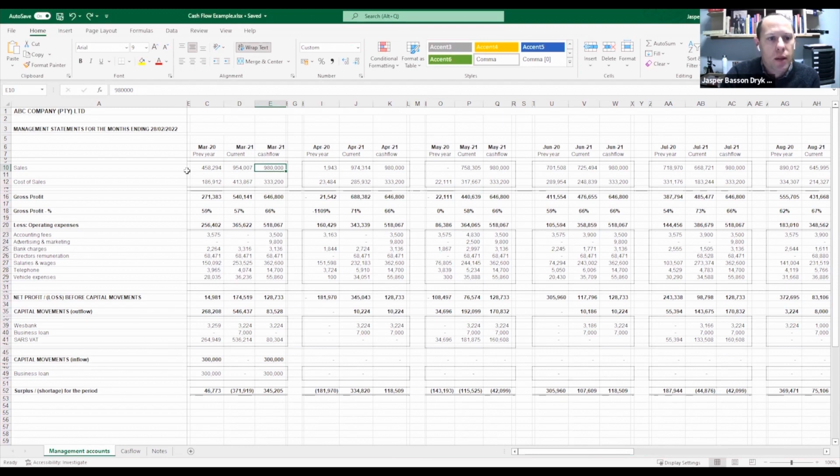And then also, obviously, again, it links to your cost of sales, and it also gives me my gross profit percentage. So from here, I can actually see my gross profit percentage that I wanted to get, and I estimated would be 66%. But the previous year I did 59, this year I did 57.